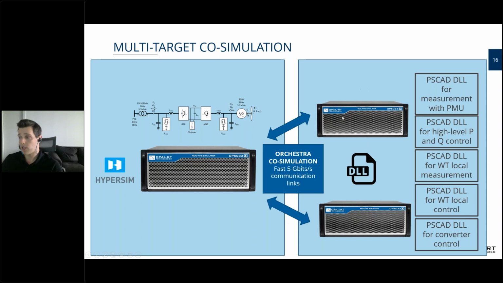And separately, we can optimize the different PCs that we use for DLL simulation, because they have different constraints. To have the best simulation performance possible, it's better to select different PCs for the different parts of the application. And this is something that the Orchestra co-simulation framework enables with its fast 5 gigabit per second communication link.